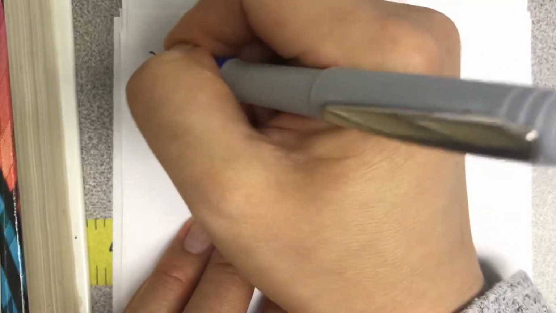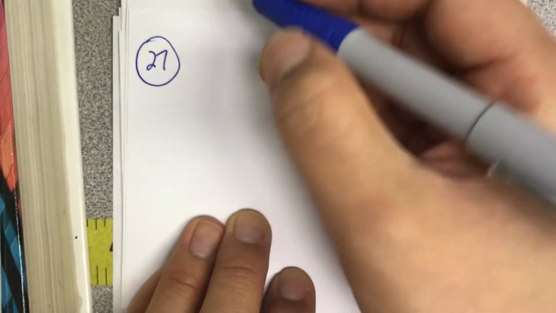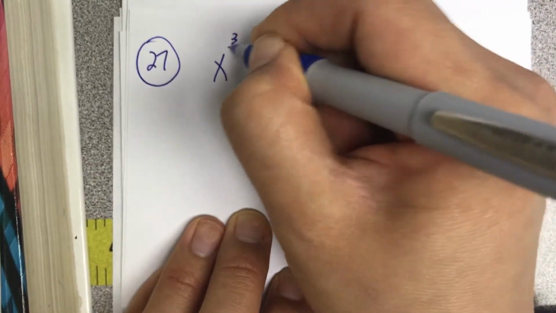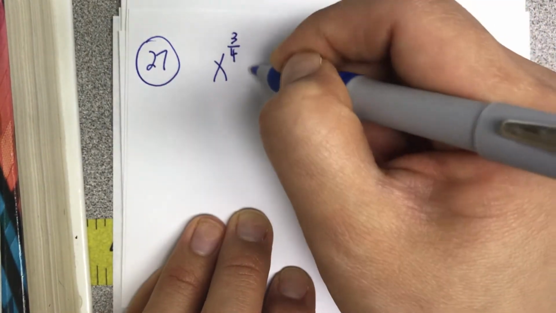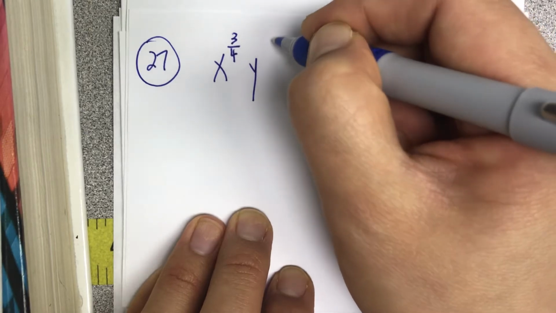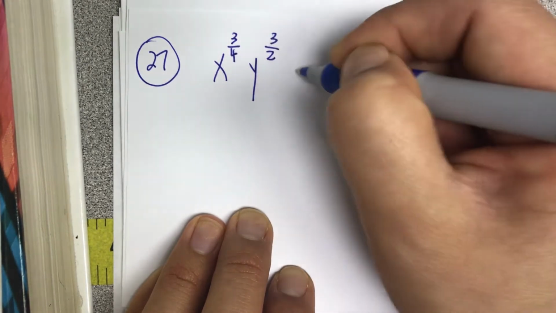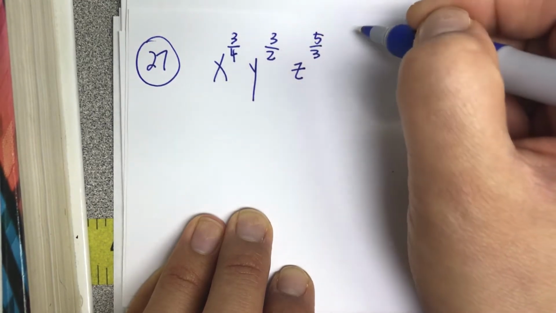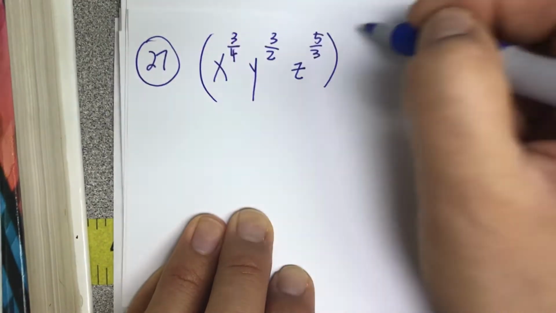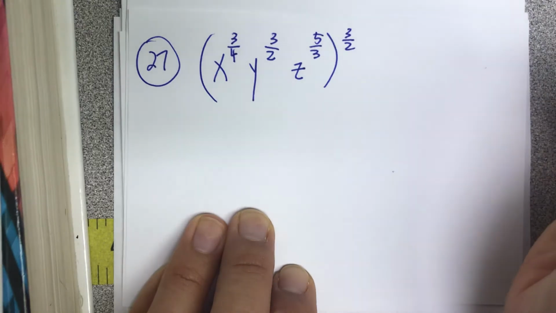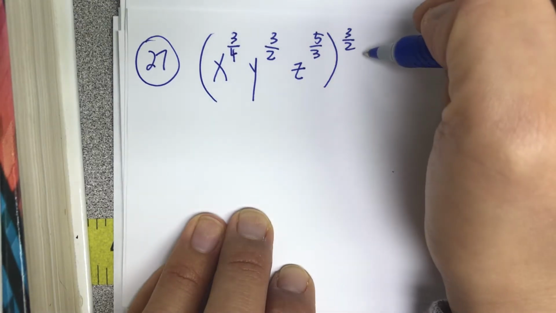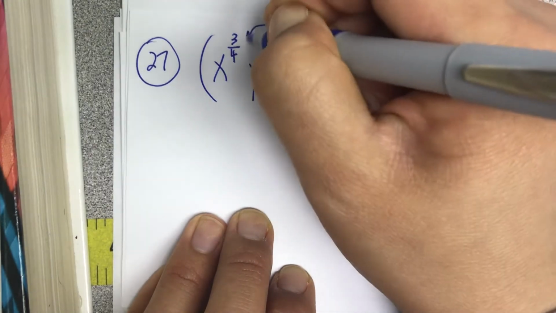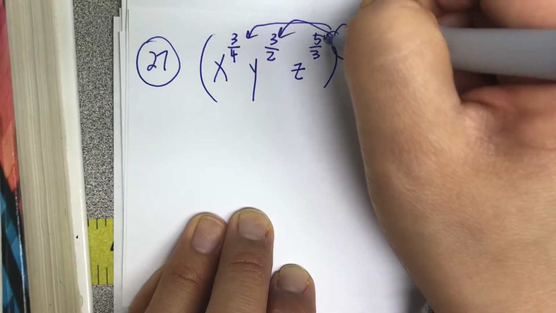Okay, the next one is going to be number 27. This one looks crazy, but do not be worried. You can do it. We're going to do this in bite-sized pieces. This part is doable, but the answers look crazy, right? So remember that this exponent gets applied to every single one of these numbers.